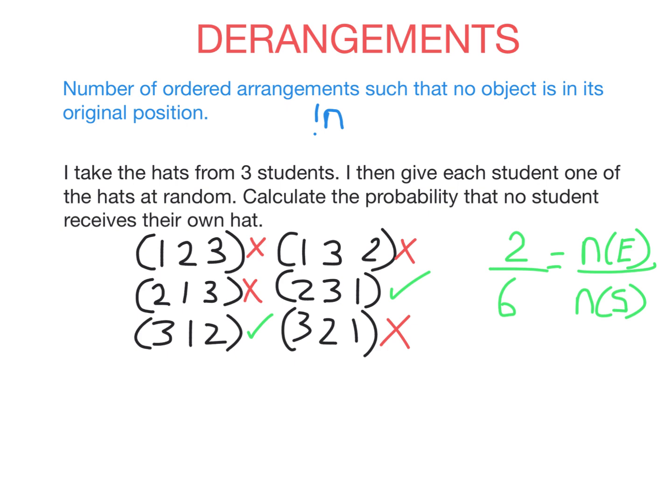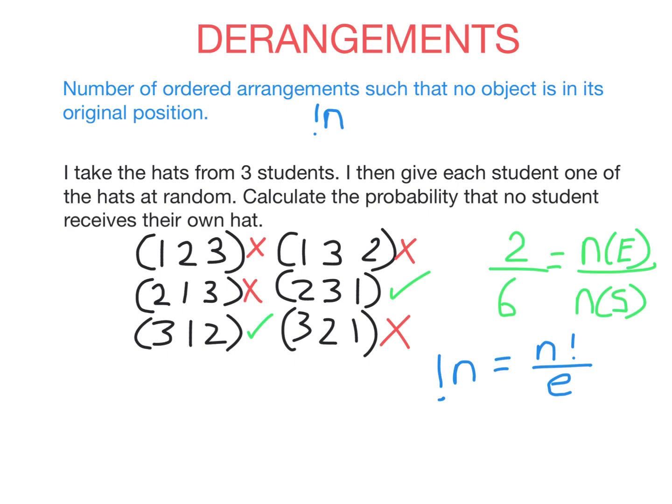Now this was easy because there were only 3 students. It was pretty easy to write out all of the possible arrangements and derangements. But you can probably tell if we had, say, 30 students, it would take forever to do that. We need a quick way to calculate it. So the quick way we can calculate, we take the number of arrangements, and we divide by the number e. e is about 2.71828.